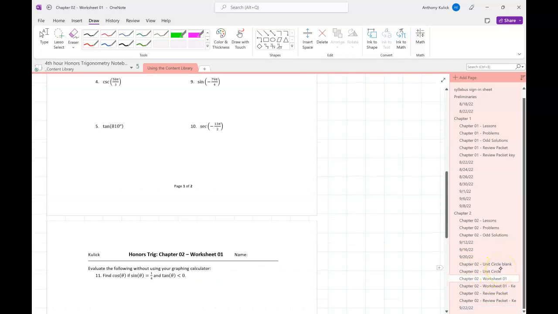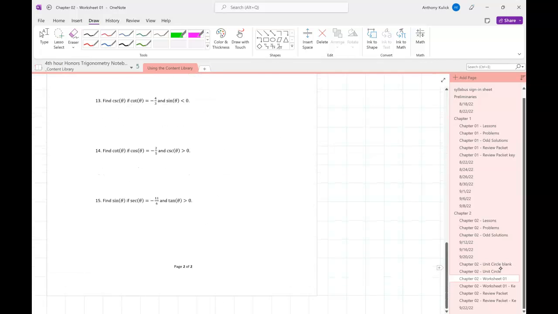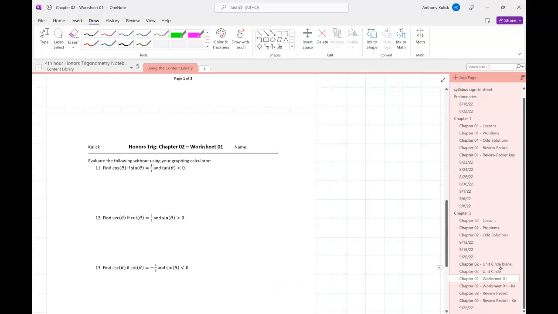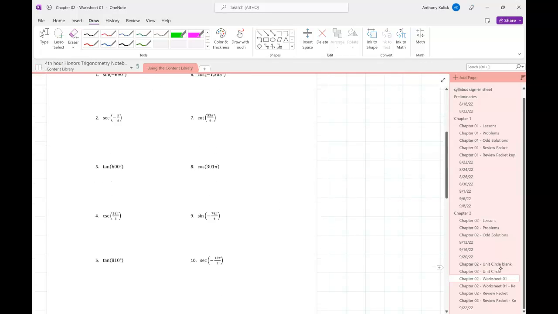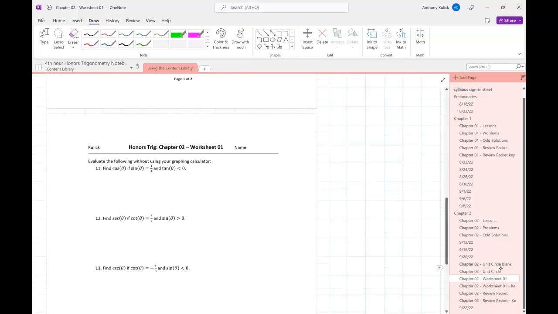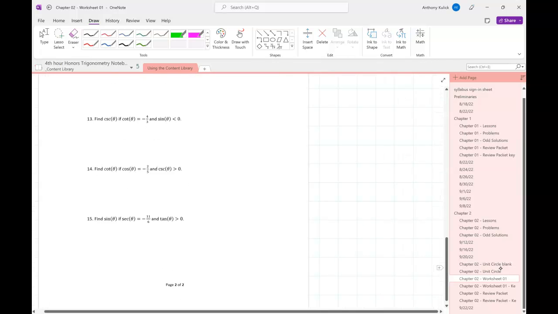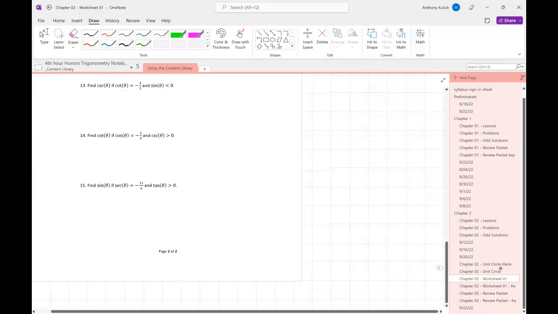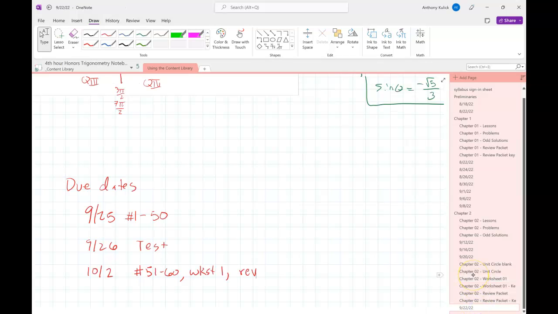So worksheet 1 is just some more practice on unit circle and similar type problems. There's 15 of them or something. Most of them are just looking stuff up off the unit circle after you co-terminalize things, just to get a little bit more practice with that particular skill. And then for some of these, given one value, or some information about 2 of the trig functions, figure out what the value of some new one is.